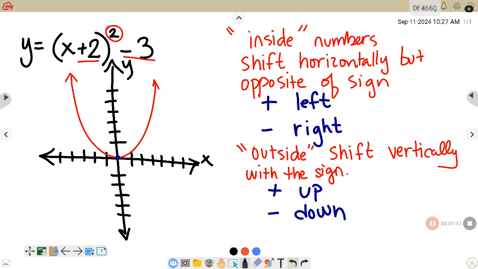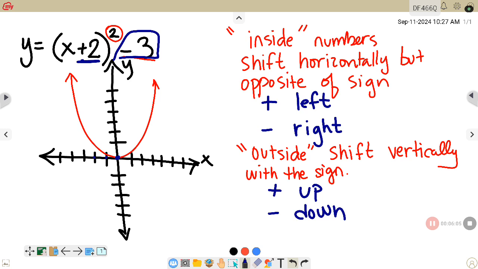So let's look. First of all, this +2 on the inside shifted this point at the center called the vertex. It shifted it to the left 2. Now we have this -3 on the outside.